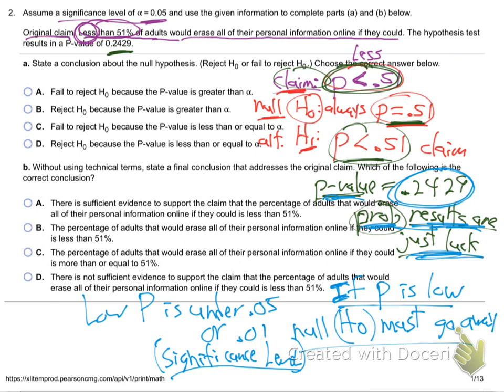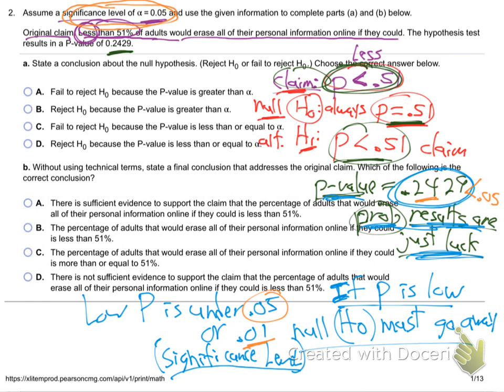Do you see it in the problem? It's right up here. Significance level 0.05. That's usually what they go for. Sometimes they'll choose 0.01. They'll tell you. So anyway, is our p-value less than 0.05? No. It's 24%. This would be 5%.